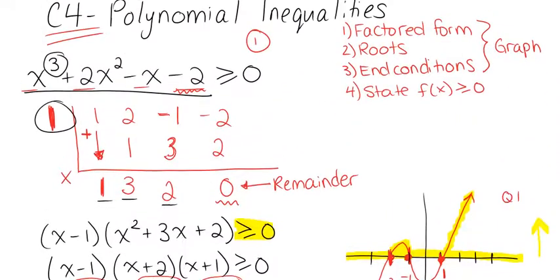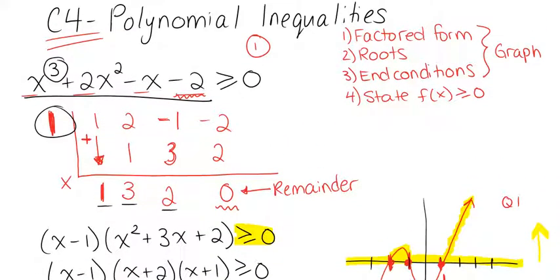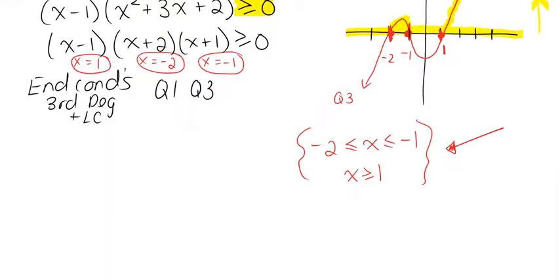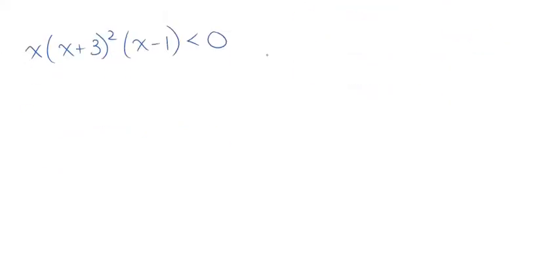So C4 is pretty much just about that. It has aspects of C1 and C3. I could also give you the question in factored form, which would make it a little easier. Something like x plus 3 squared, x minus 1, maybe I'll throw an x out front, is less than 0. I want to know when that is true.